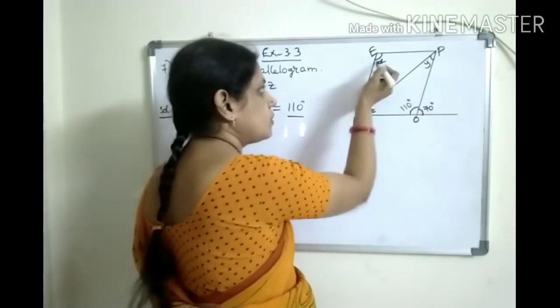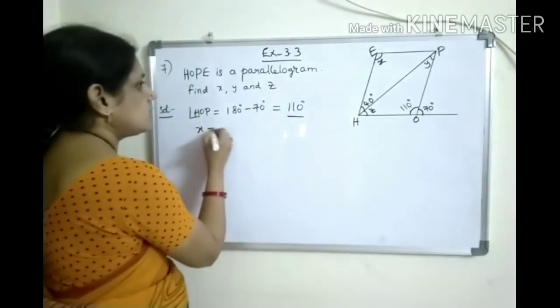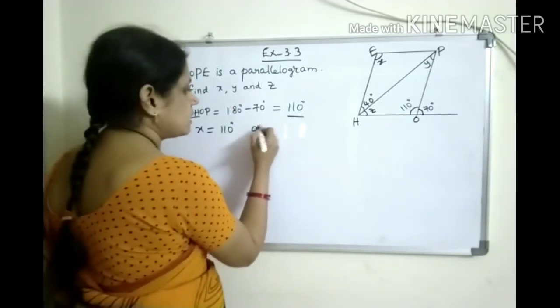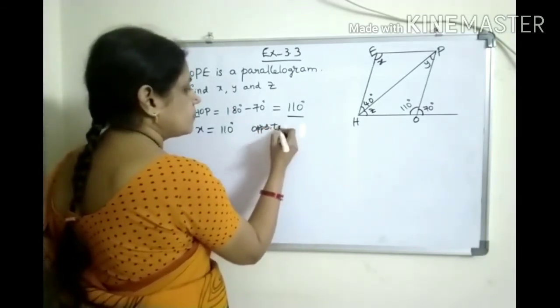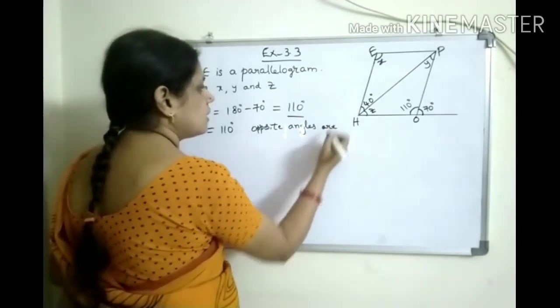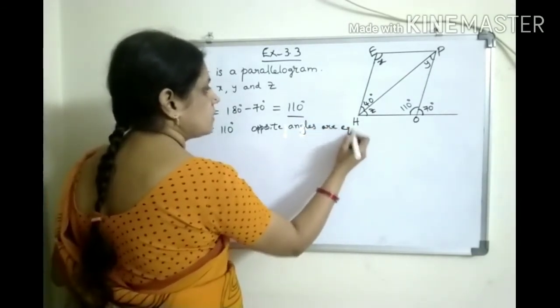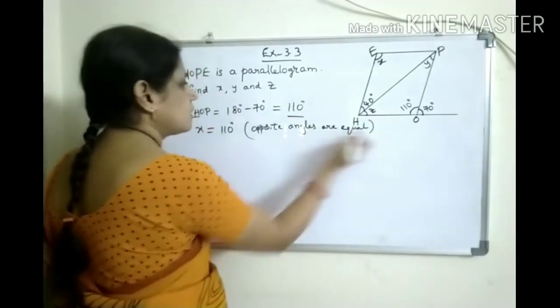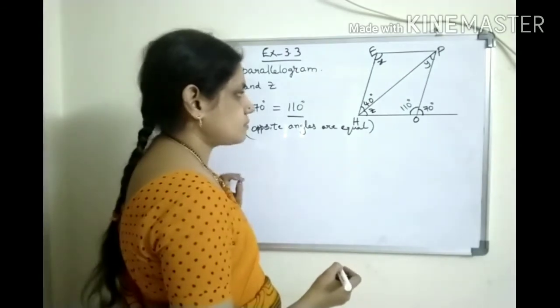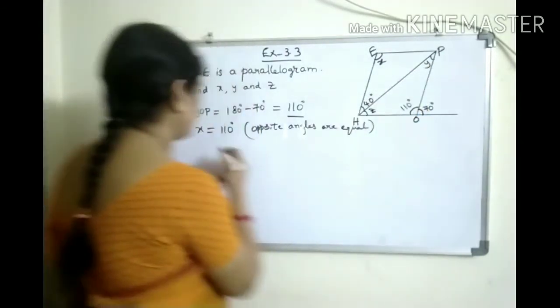For this the opposite is x. So x equal to 110 degrees. How is it? Opposite angles are equal. So using that we got the x value.